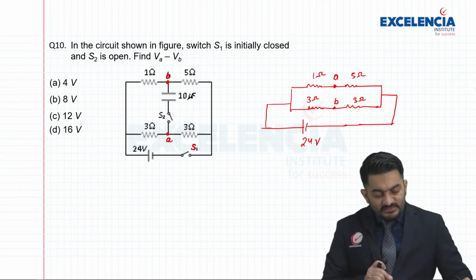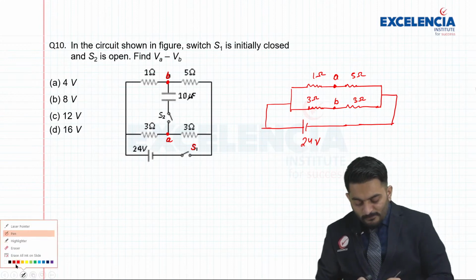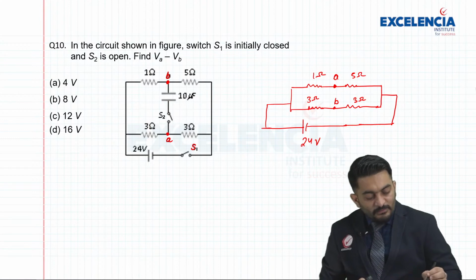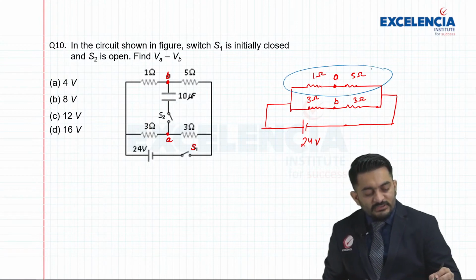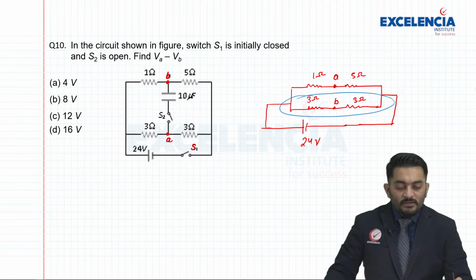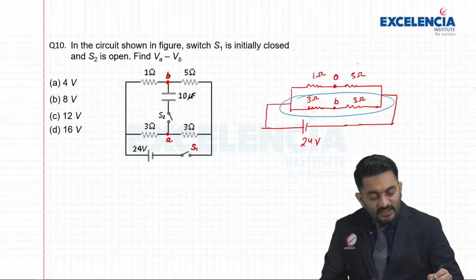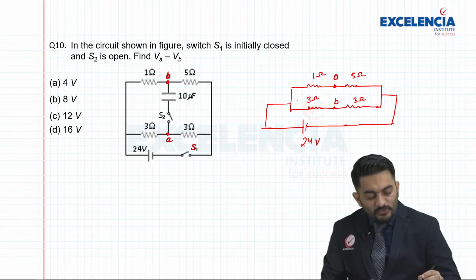First thing you can say is that my battery appears to be connected in parallel to this combination and this combination. If I have to calculate the values of I1 and I2, because some current will flow through the circuit, at the junction the current is going to get divided.